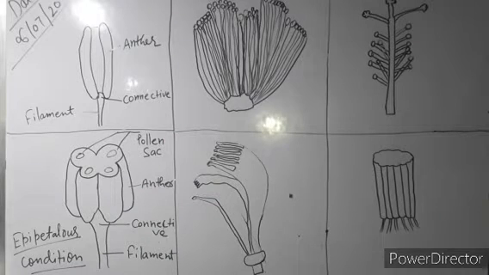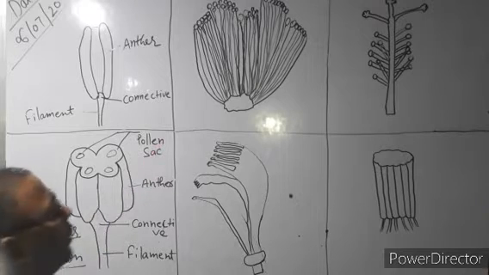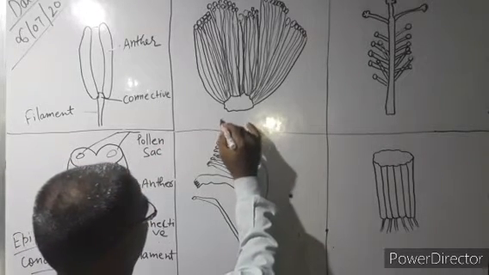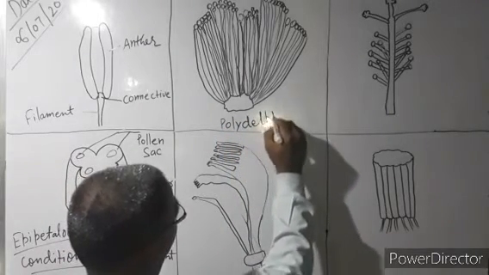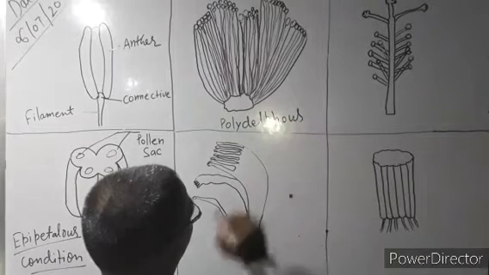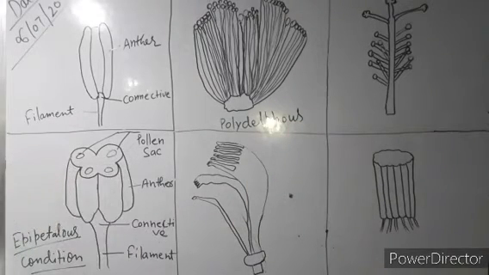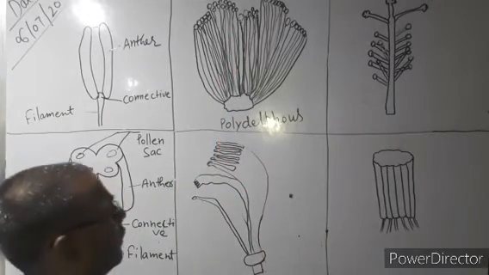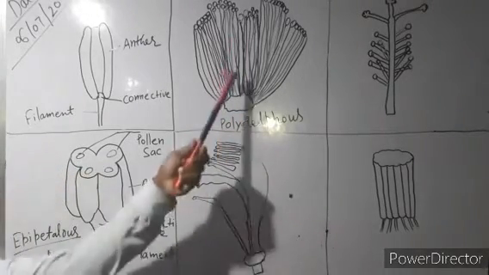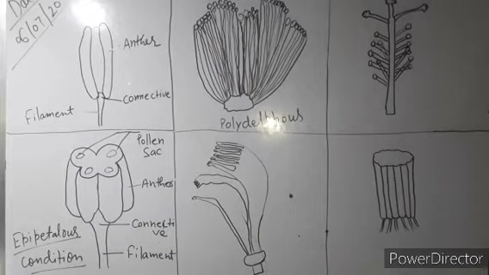The first is polydelphous stamens. What is the condition of stamens in polydelphous? The anthers may be free, and the filaments are united.